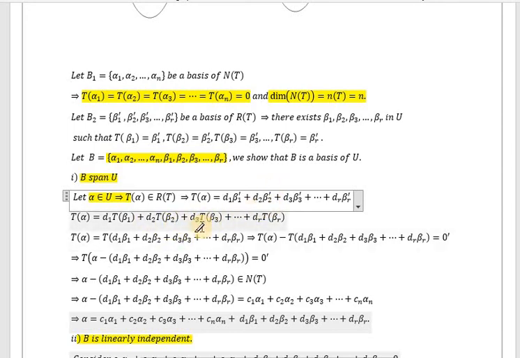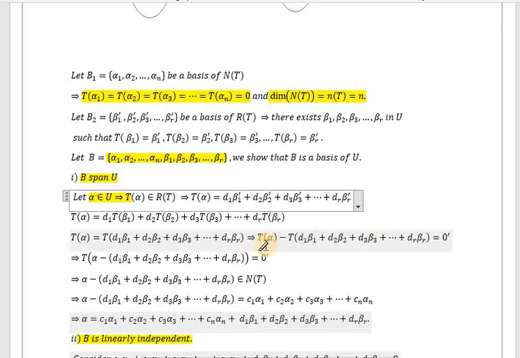So by taking the terms like this, we get T of alpha is equal to D1 T of beta 1 plus D2 T of beta 2 plus D3 T of beta 3 and so on, Dr T of beta r. Now T of alpha, so D1 beta 1 plus D2 beta 2 and so on, Dr beta r. Then transfer these terms to this side, so we get T of alpha minus T of D1 beta 1 plus D2 beta 2 plus D3 beta 3 and so on, Dr beta r, is equal to 0'.